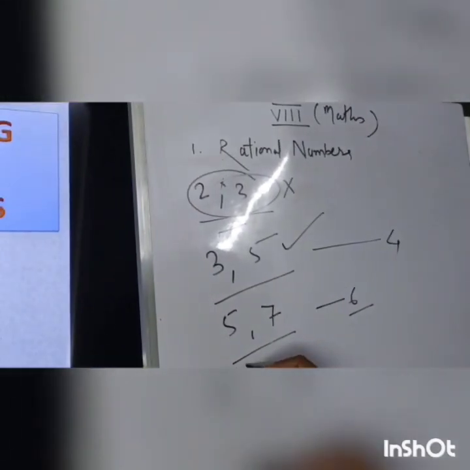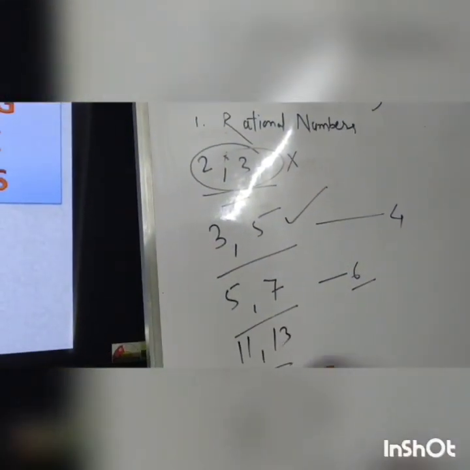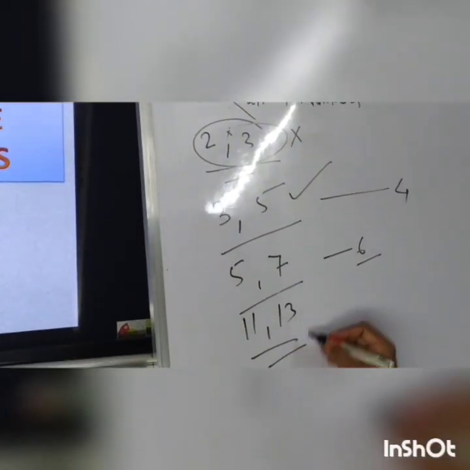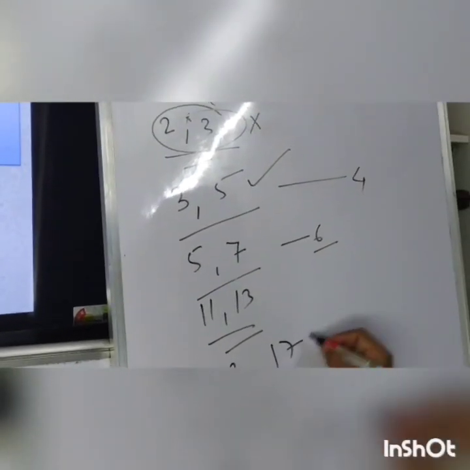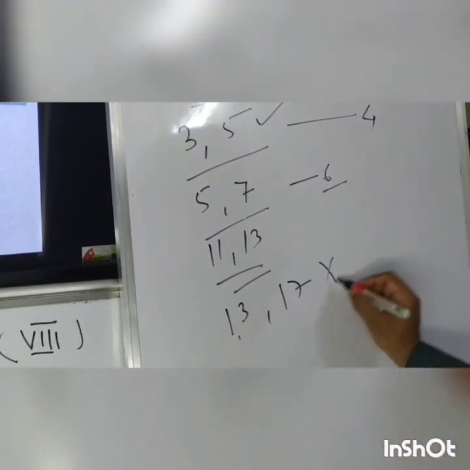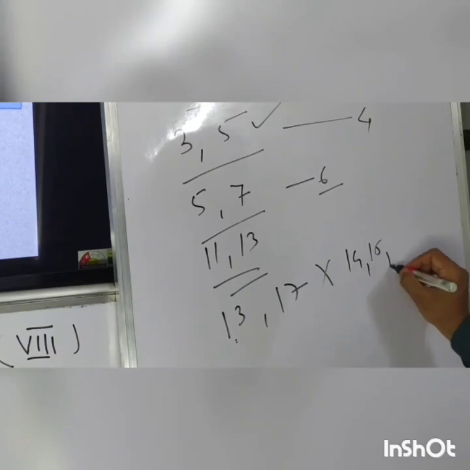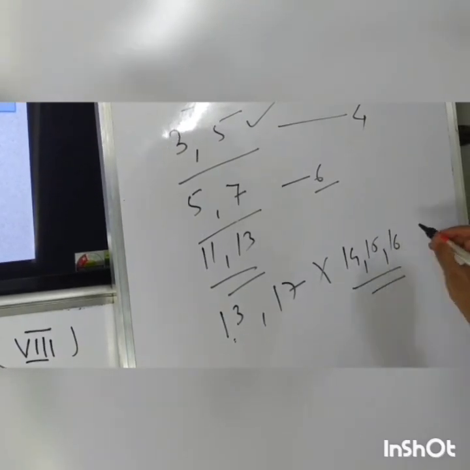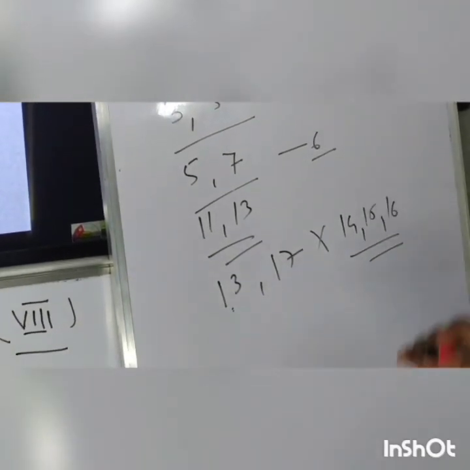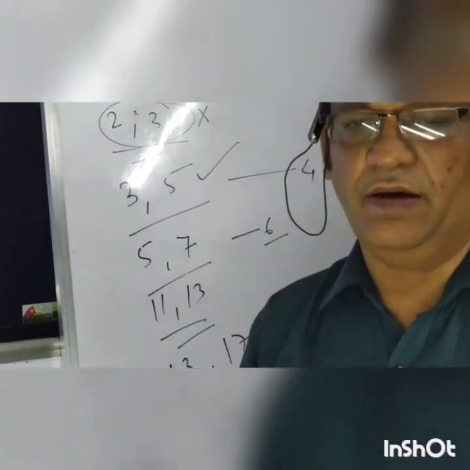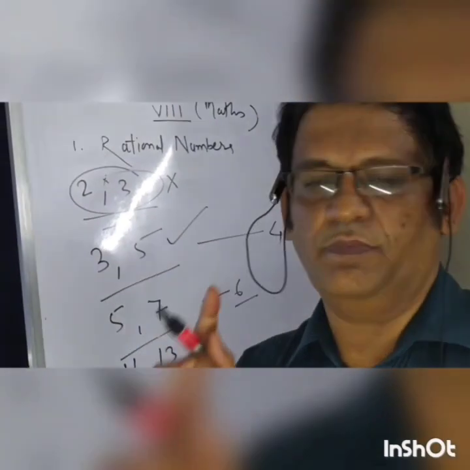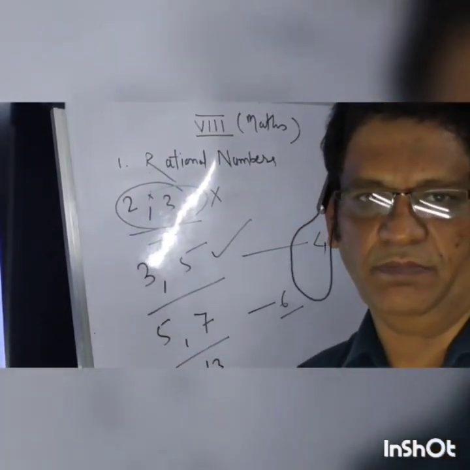After that, 11 and 13 is another pair of twin primes. 13 and 17 are not twin primes, because after 13 there are 14, 15 and 16, three composite numbers between them. So twin primes are pairs of prime numbers having exactly one composite number between them.